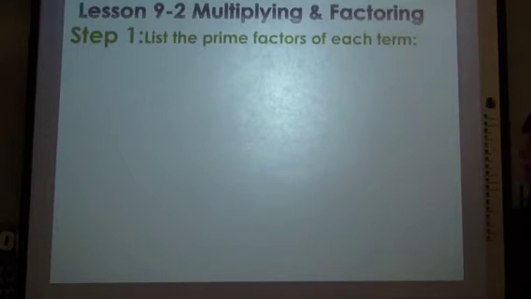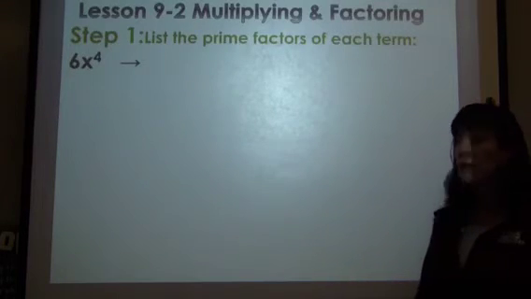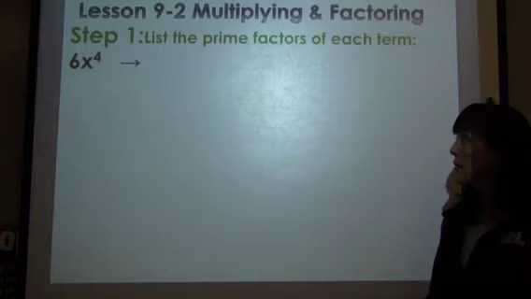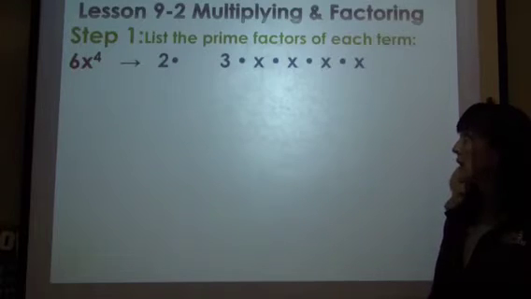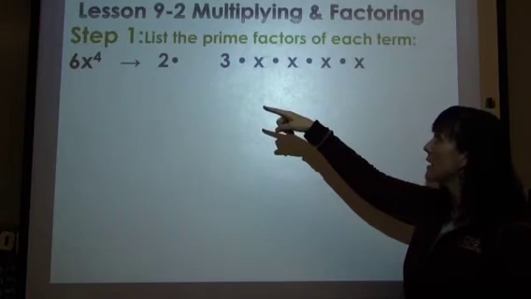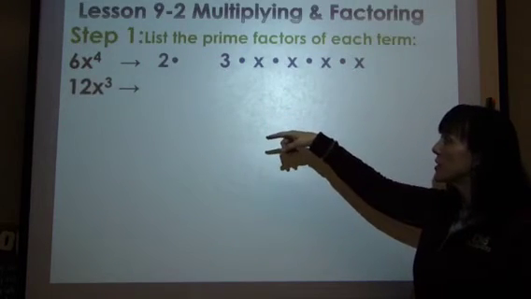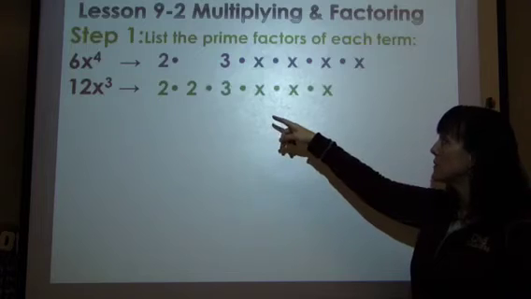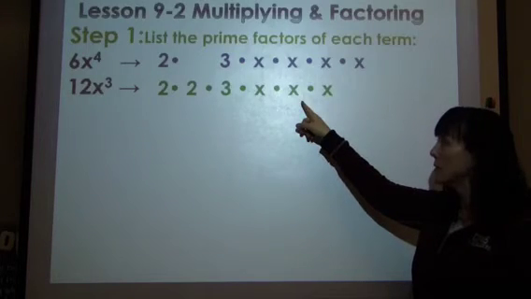Here's an example. Step 1, list the prime factors of each term. 6x to the fourth, we're going to factor out the primes: 2 times 3 times x times x times x times x, because there are 4 x's. And we'll do this with each term. 2 times 2 times 3, and then our variables.